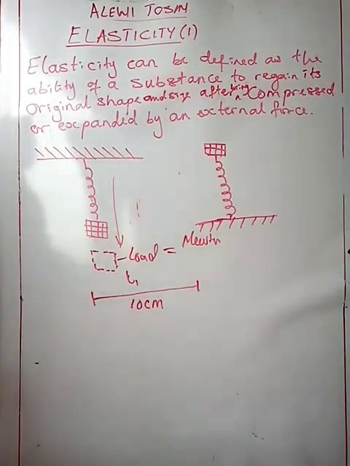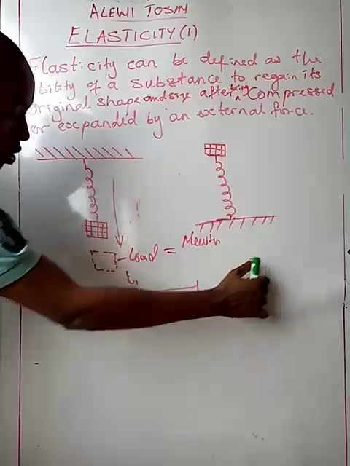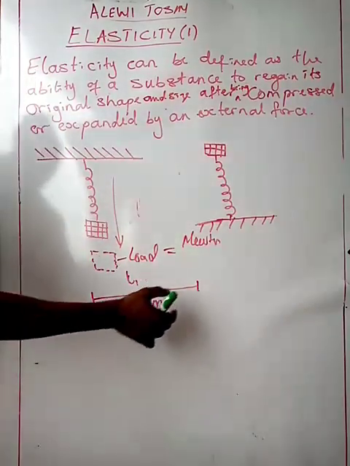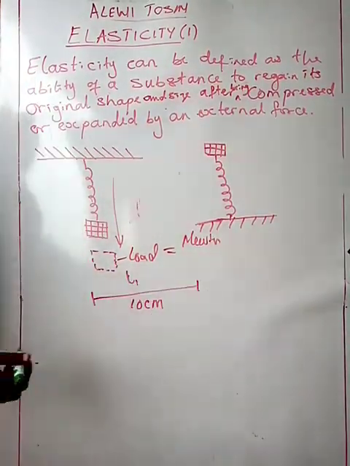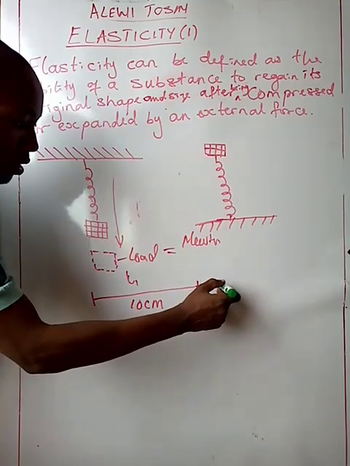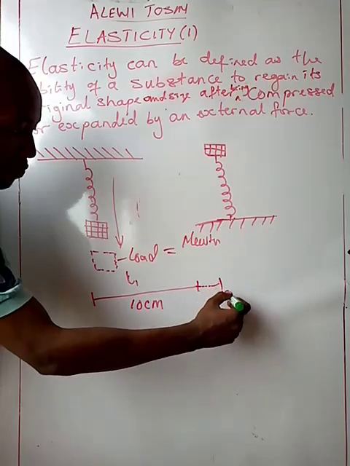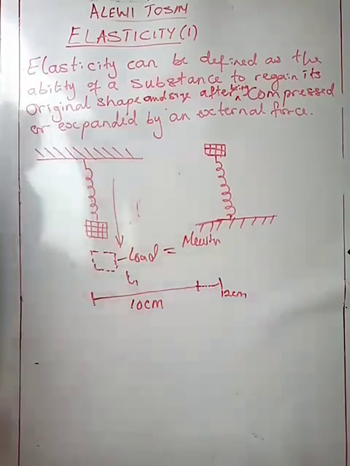Now when you exert a force on it, probably someone drags the rubber, what happens? The 10 centimeter length increases, let's assume it increases to 12 centimeter. Are we together? To 12 centimeter.